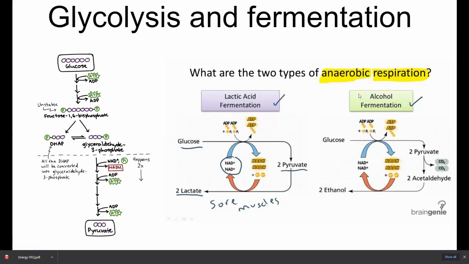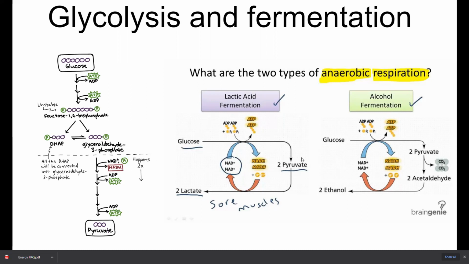There are 2 flavors. The first of which is what lots and lots of animals do, lots of organisms do, where glucose will generate some ATP at this stage, and then you get the pyruvates.